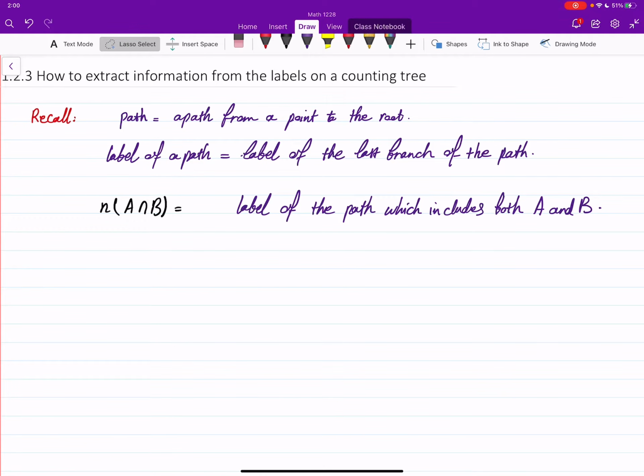We will see an example at the end where this happens. So if there is more than one path with that property, we sum the labels.